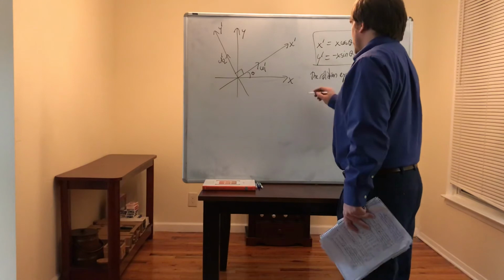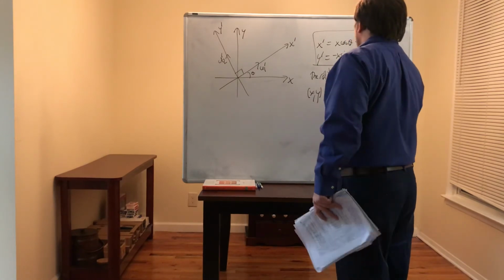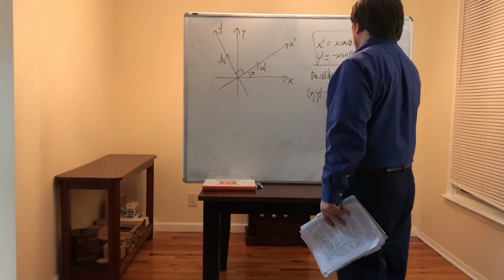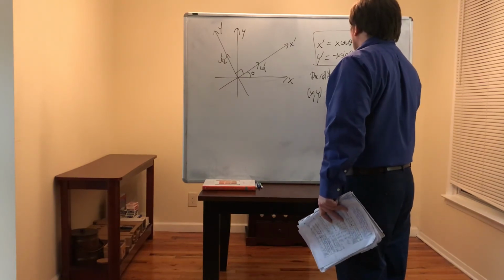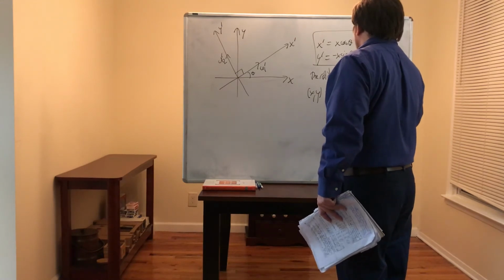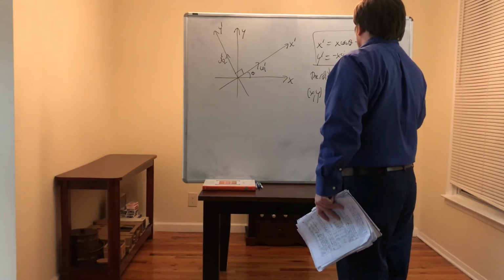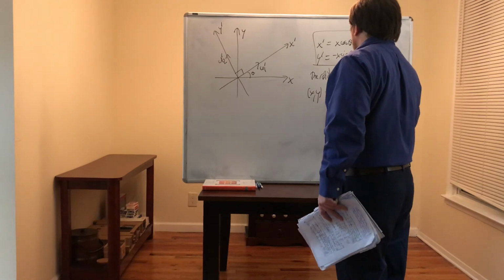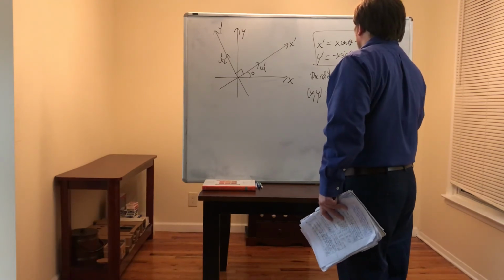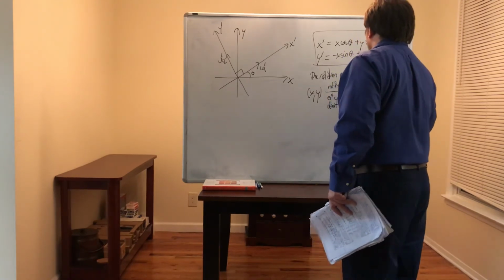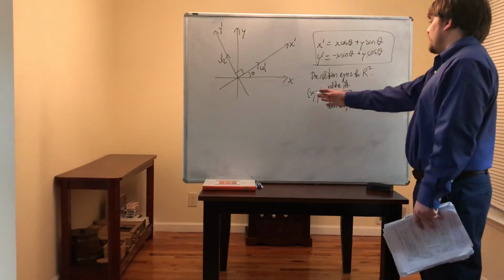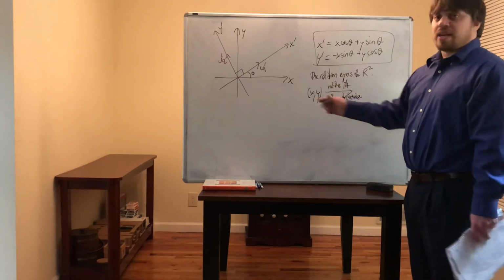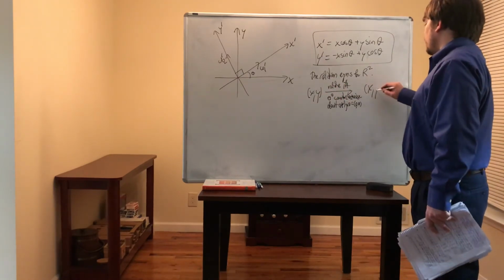What that means is, if you take a point x comma y and rotate it theta degrees counterclockwise about the origin, which is the point 0, 0, then you will have transformed the point x comma y to the point x prime comma y prime.